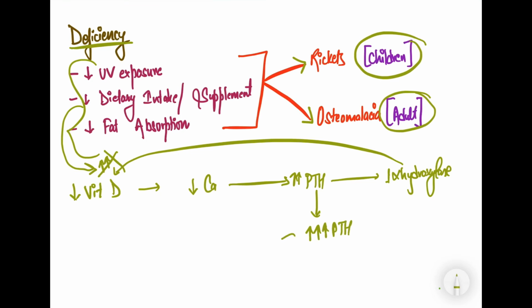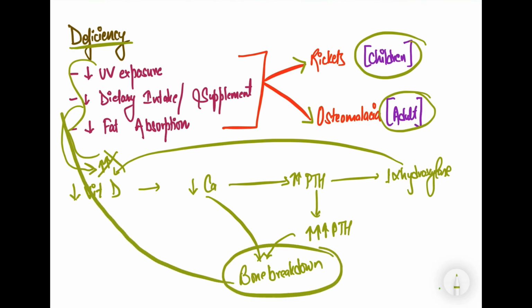As a result of higher parathyroid hormone, the bone becomes brittle and prone to breakage. Again, the lower level of calcium will also catalyze the process of bone breakage, that is deficiency manifestation, that results in rickets and osteomalacia.